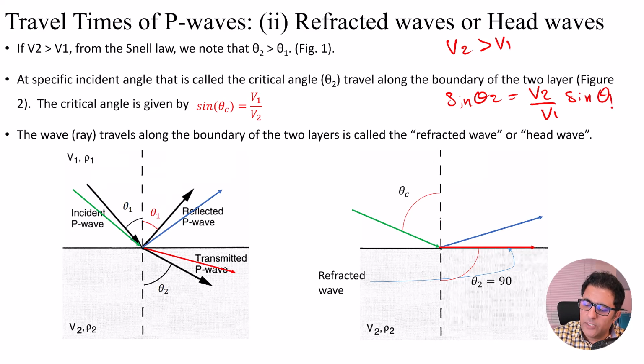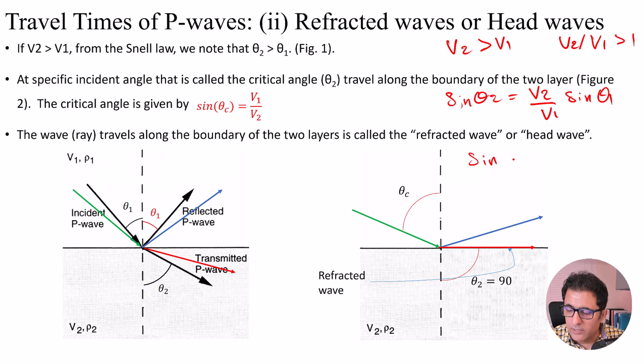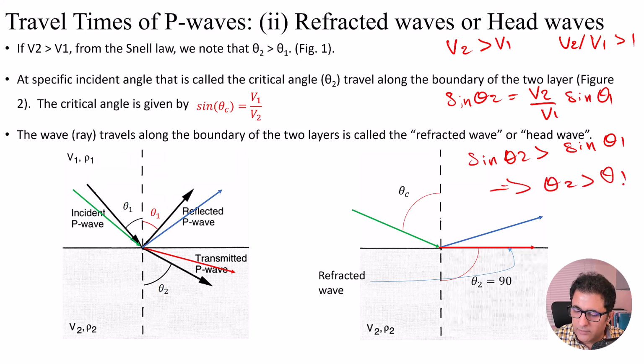Because V2 is greater than V1, V2 over V1 is greater than 1. So we may conclude that sine theta 2 should be greater than sine theta 1, and as a result, theta 2 is greater than theta 1. This is very interesting.